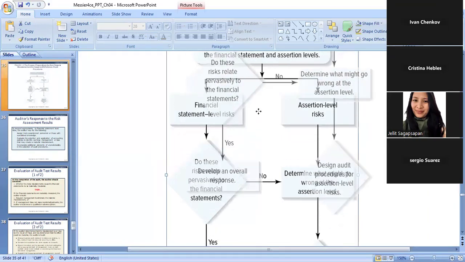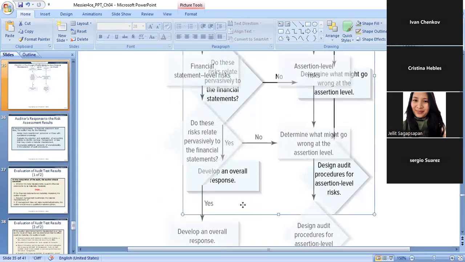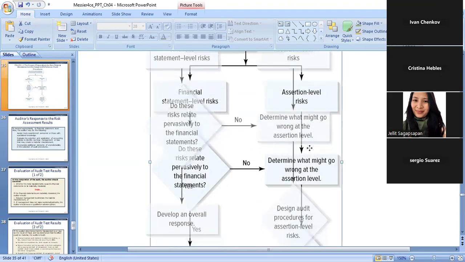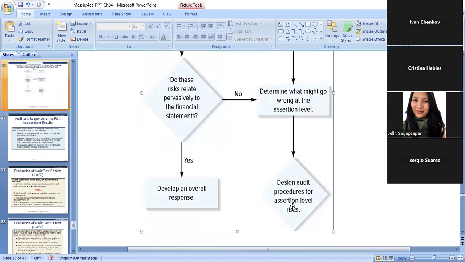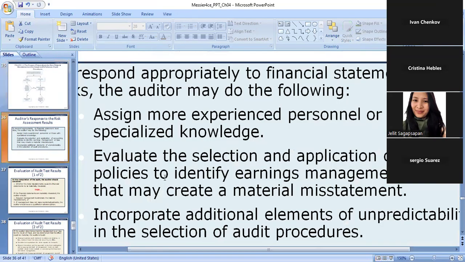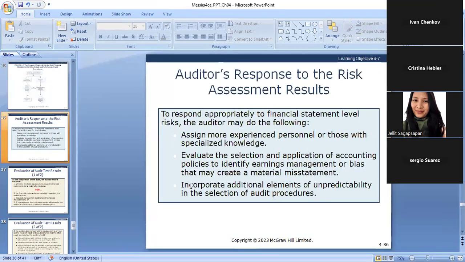If the answer is yes, then we're going to develop the response for that one. If the answer is no, we're going to determine what might go wrong at the assertion level. If we go that direction, we're going to have to decide to change the audit procedures to reduce the level of audit risk.